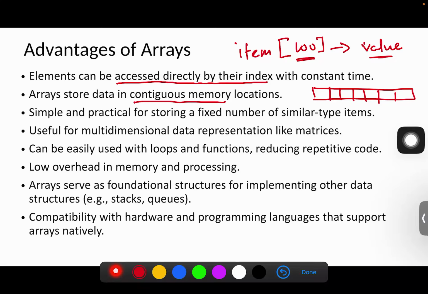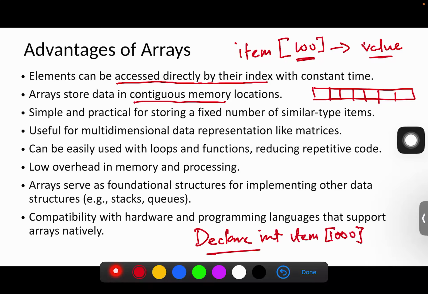Now, arrays can easily be used with loops and functions to reduce repeating yourself, okay? Maybe you have to deal with 1,000 variables. Instead of creating 1,000 variables by hand, you can simply write one line. You can declare int item and then write 1,000.